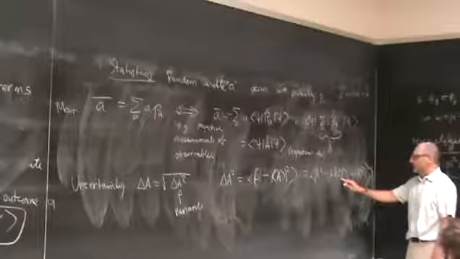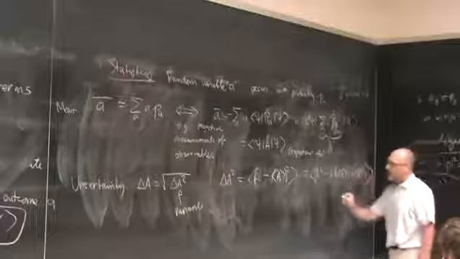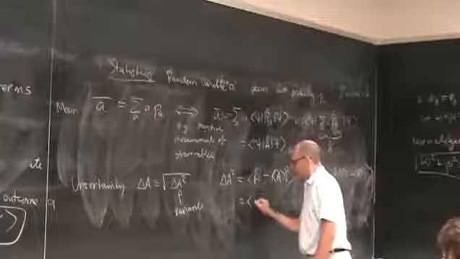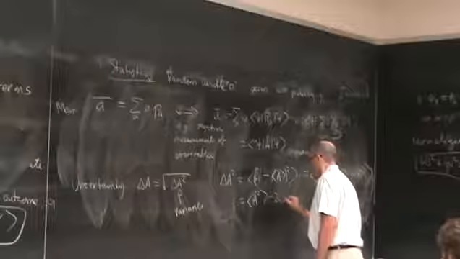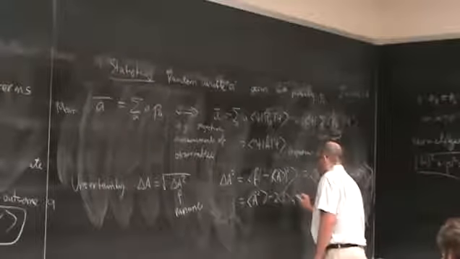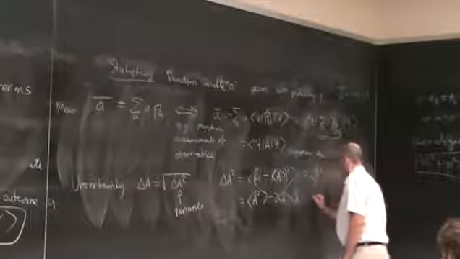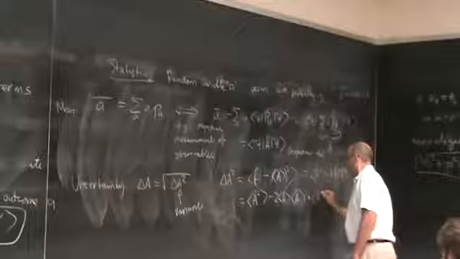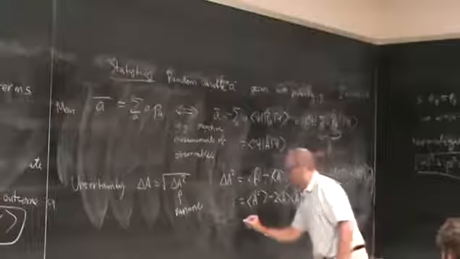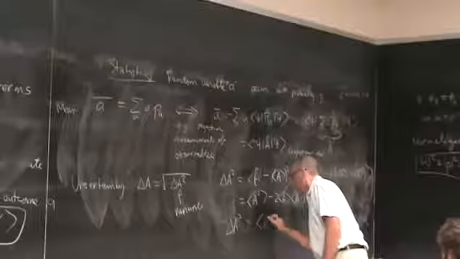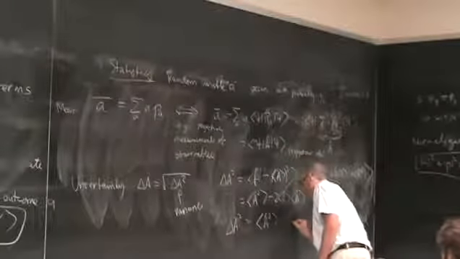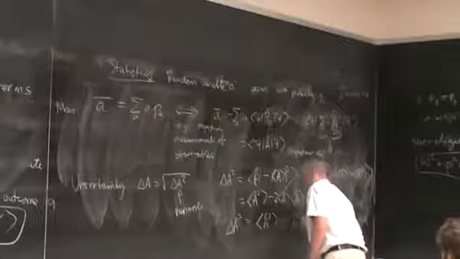This is a number, so it can come outside. I have minus 2 times the expectation value of A times itself, plus the square, or a familiar form that you know: the variance is equal to the expected value of the square minus the square of the expected value.